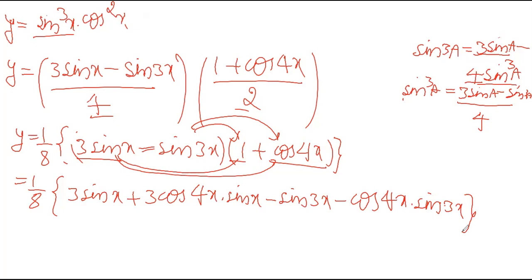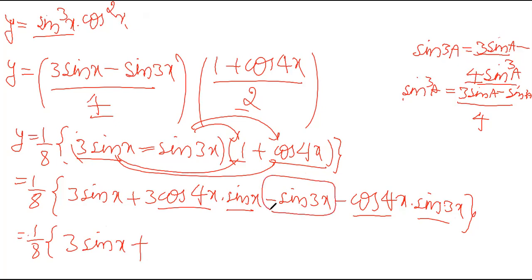That is cos A sin B minus sin A cos B. That is one formula. I apply here this one. That is 1 by 8 as it is. Then 3 sin x. Sorry, it is minus of another one, this one. Minus 3 sin x.